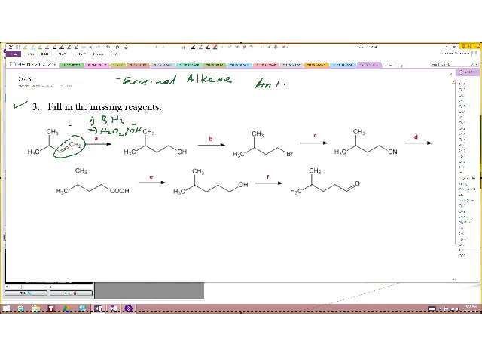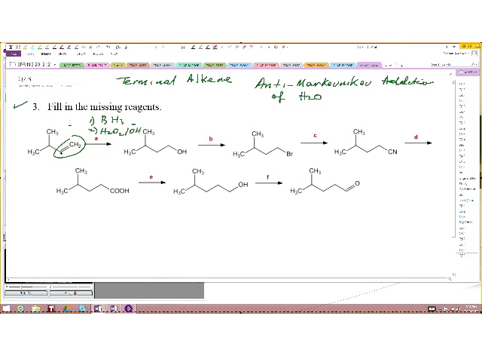This will be an anti-Markovnikov addition of water. We know that is what that reagent does. To add a hydrogen and hydroxyl group across the carbon-carbon double bond in an anti-Markovnikov fashion.